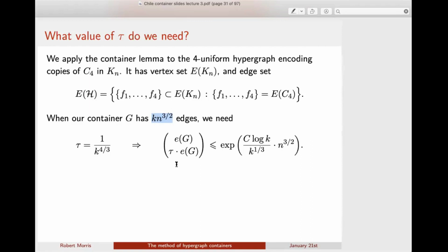And so E of G choose tau times E of G will be of the correct form, the form we want. This takes maybe a little calculation to really prove properly, but it will be sufficient to show that tau can be taken to be 1 over k to the 4/3 when G has k times n to the 3/2 edges.